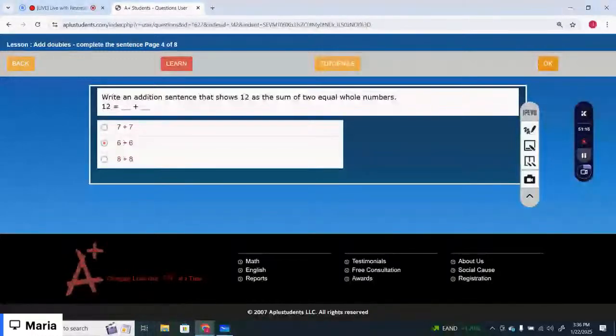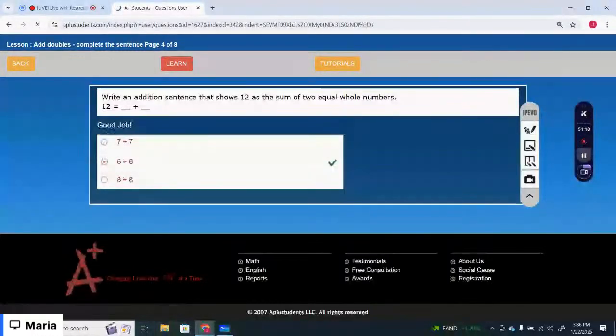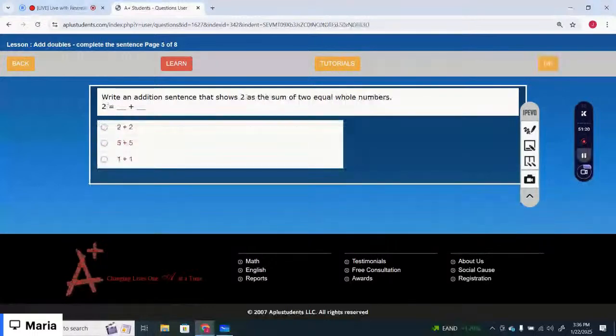Option number 2 is the correct option. Write an addition sentence that shows 2 as the sum of two equal numbers.